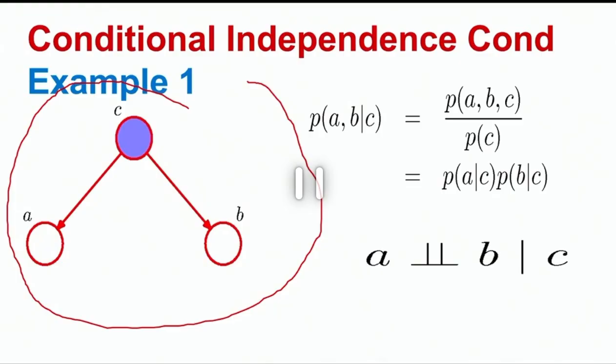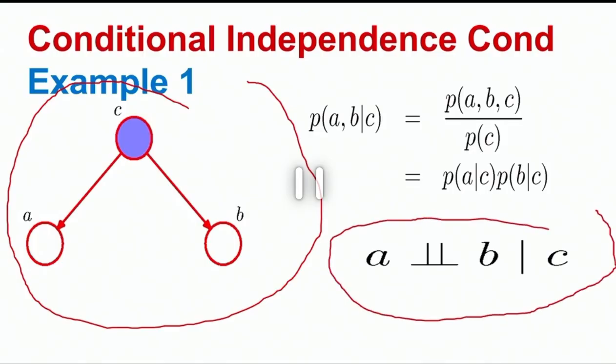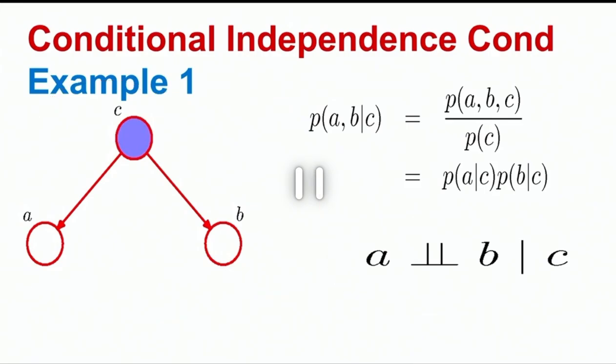That is what this is saying here. You know what it means? A and B are independent given C. We do not expect A to provide any extra information about B, given that I have observed C. I shaded C here because I'm observing C.